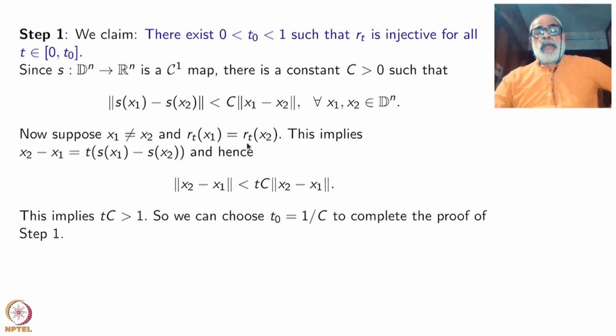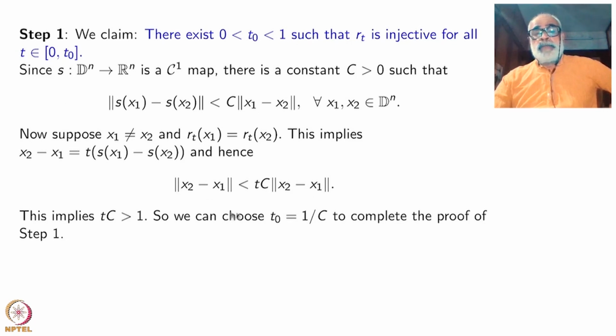So you put equality, you get this one. But then the norm of x2 minus x1 will be less than t times the norm of this. Here t is some positive constant between 0 and 1, right? And the norm of that is less than C times the norm of x1 minus x2.